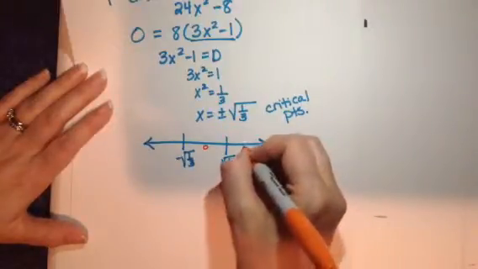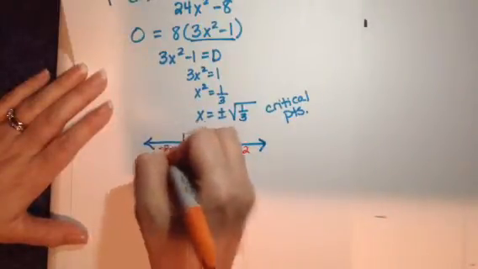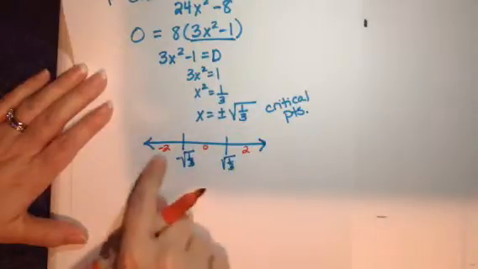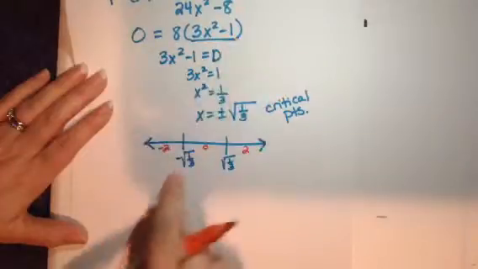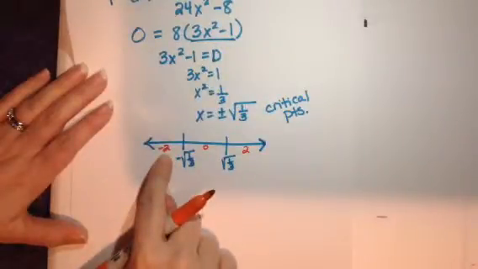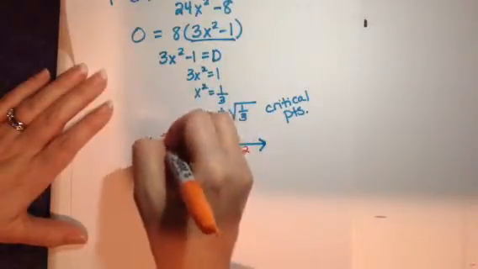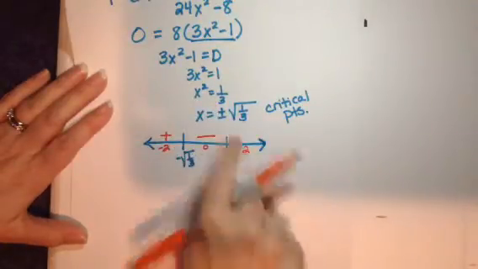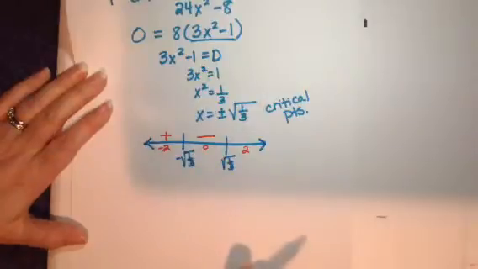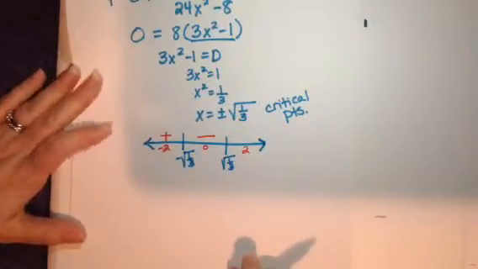So I'm going to choose 2 on this side and negative 2 on this side. I'm going to plug these test points into my second derivative. So plugging in negative 2, I get a positive. Plugging in 0, I get a negative. And plugging in 2, I get a positive.